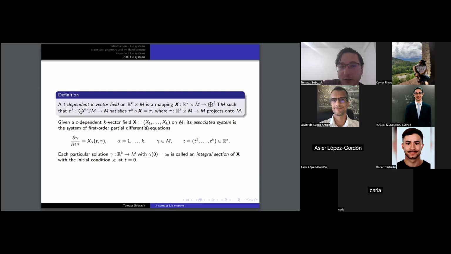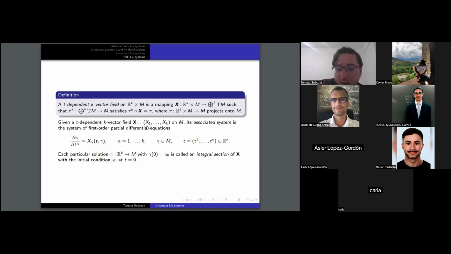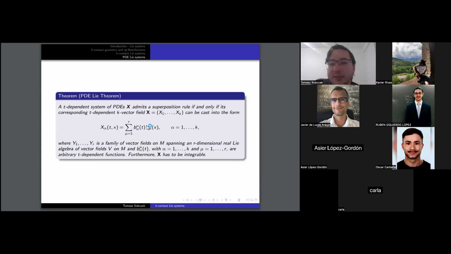And using these notations of time-dependent k vector fields, one can define what PDE systems are, meaning we now want a system of partial differential equations with a superposition rule, which is just the superposition rule as we know. So once again, we want to express our, in this case, gamma as a function of particular solutions and some constants.